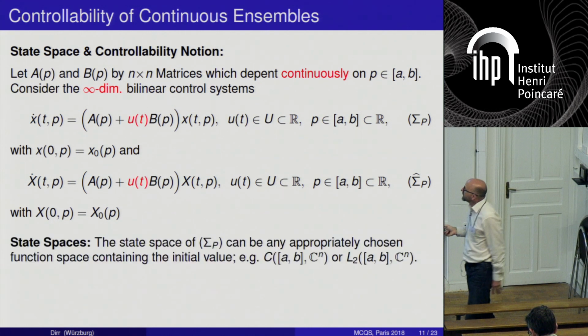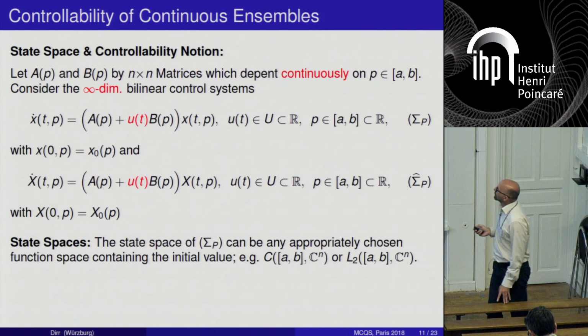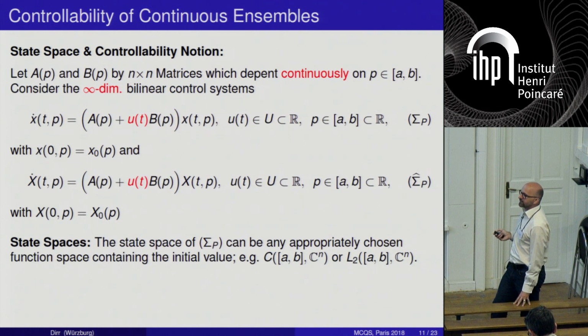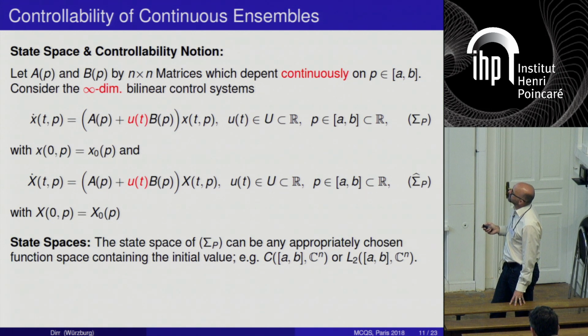For the state space, so for the vector space here, one can certainly choose the set of all continuous functions, because A is continuous in the parameter P. If you consider this multiplication operator A of P with a continuous function, it's again a continuous function.